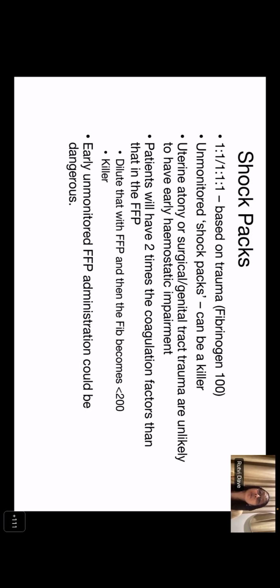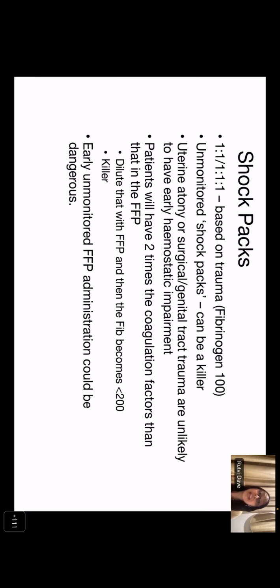Why? Because the most common cause of PPH is uterine atony or surgical or genital tract trauma. In these cases, it is unlikely to have early hemostatic impairment. Moreover, the patient will have 2 times higher coagulation factors than in the FFP.